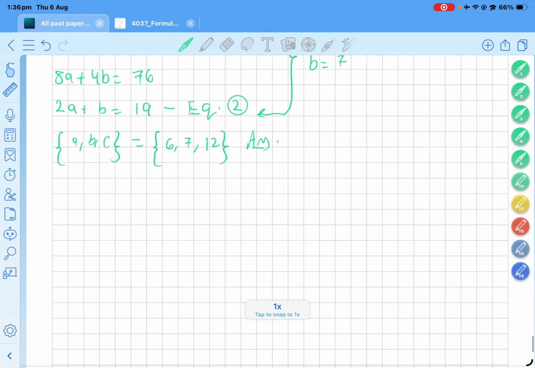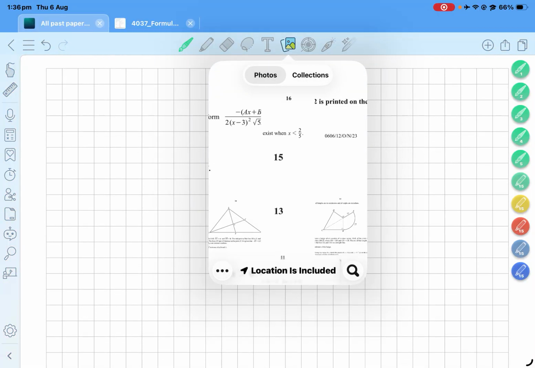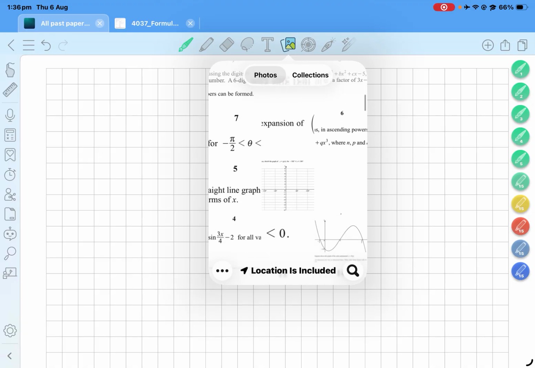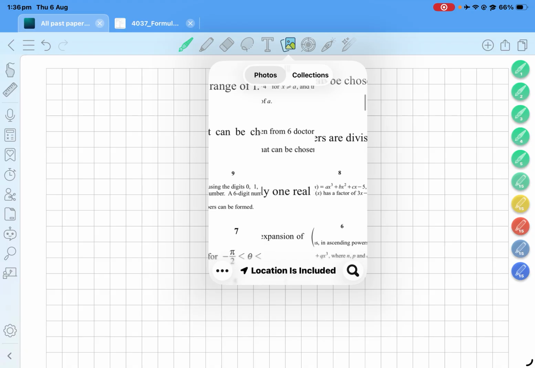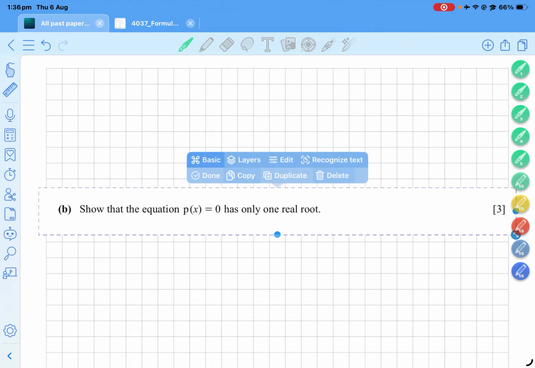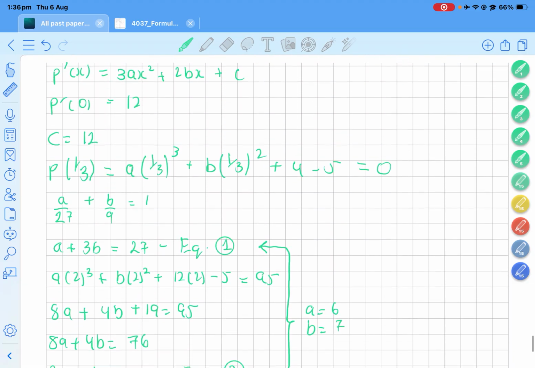Okay, then part b. Show that the equation only has one real root, which is divided by 3x minus 1.